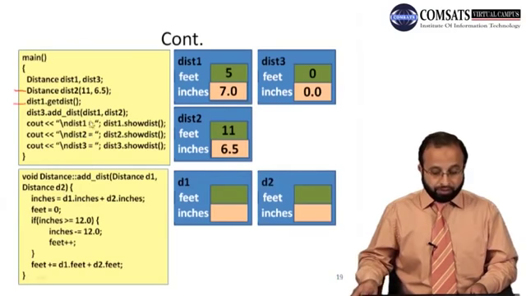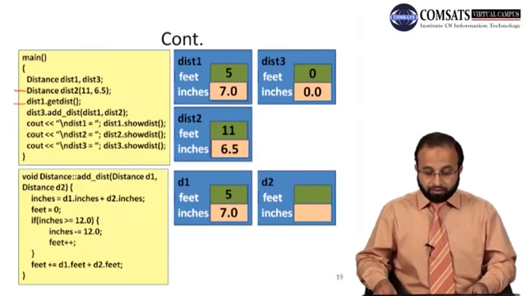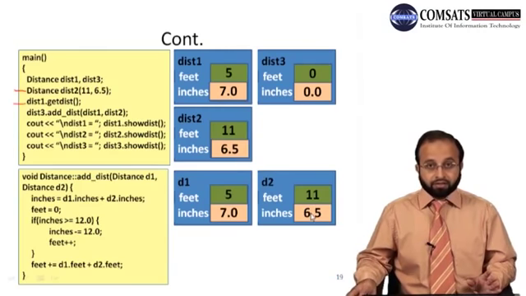Now the values will be copied. The value of dest1 will be copied to d1, and the value of dest2 will be copied to d2. So dest1's value, 5 and 7.0, will be copied to d1, and the value of dest2, that is 11 and 6.5, will be copied to d2. 11 and 6.5, write this.